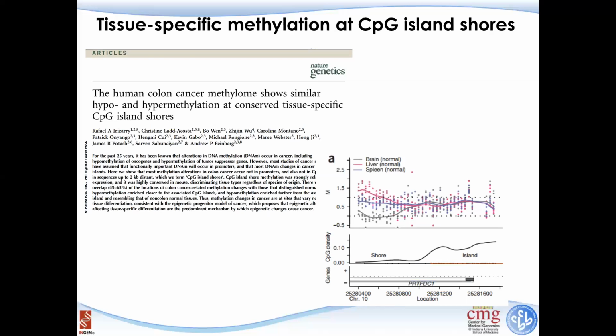And you can see in the CpG island, the DNA methylation is quite similar, but you can see a distinct pattern around the CpG shore. So they claim the methylation at the CpG island shore is tissue specific.